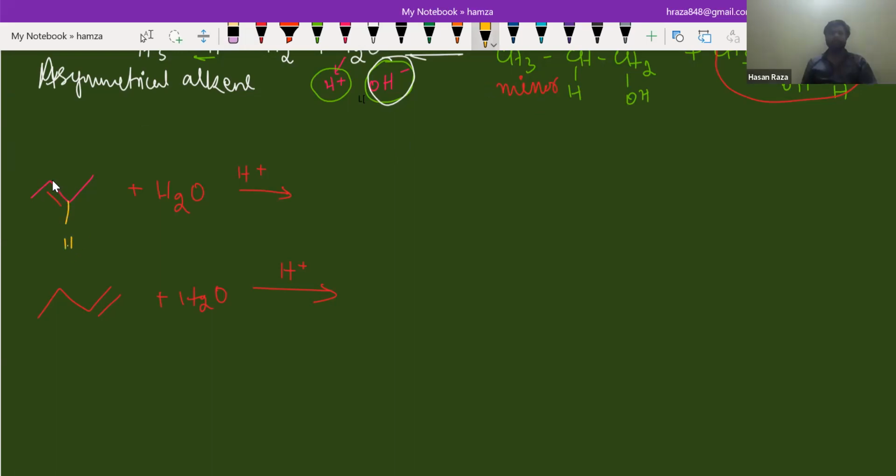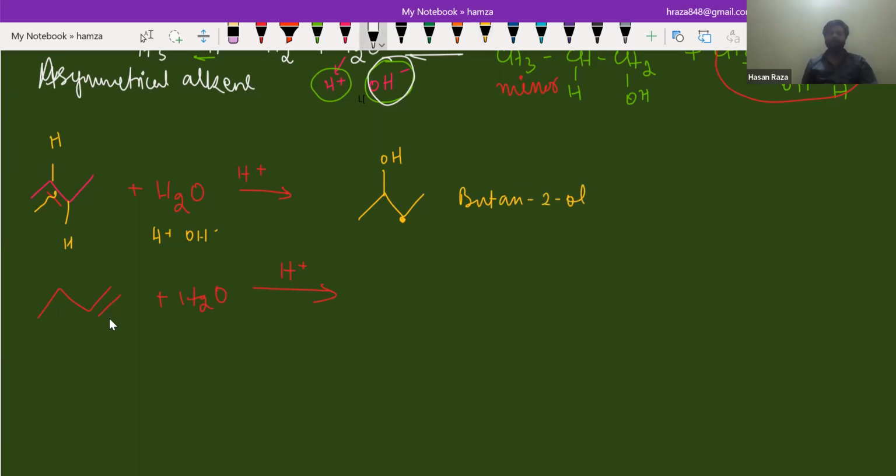This will have one hydrogen, this will also have one hydrogen, so it is symmetrical. So what you need to do is just break the bond and add H plus or H minus, and in a symmetrical compound you can add OH or H wherever you want. H is hidden here, so the name will basically be butane 2-ol.